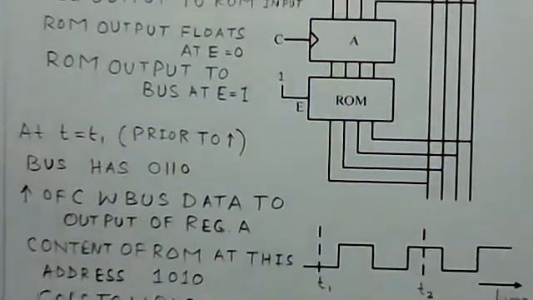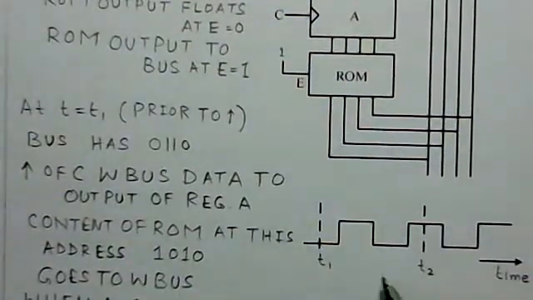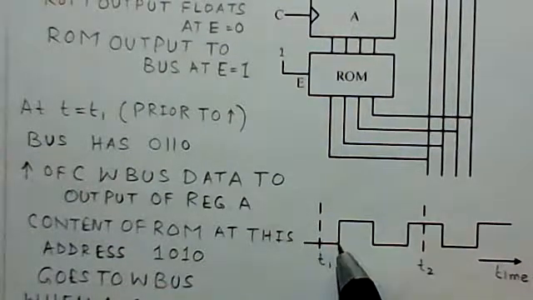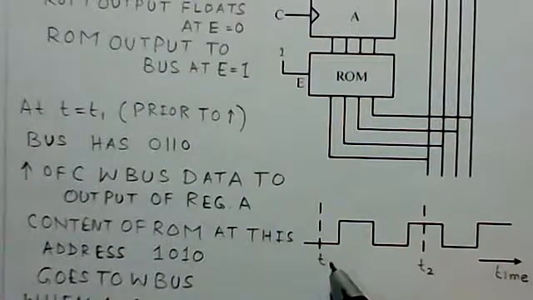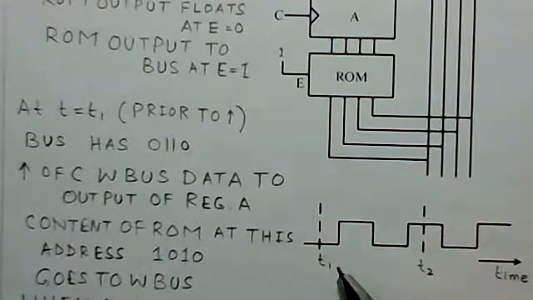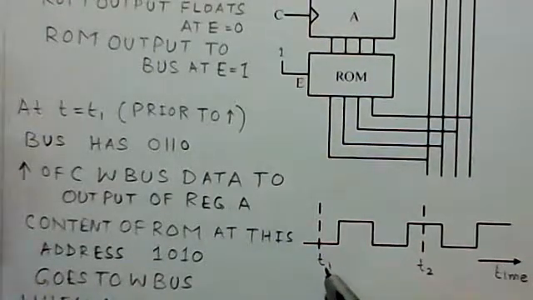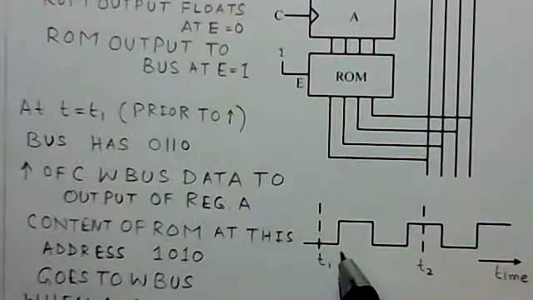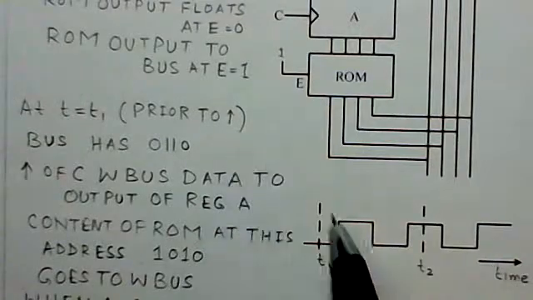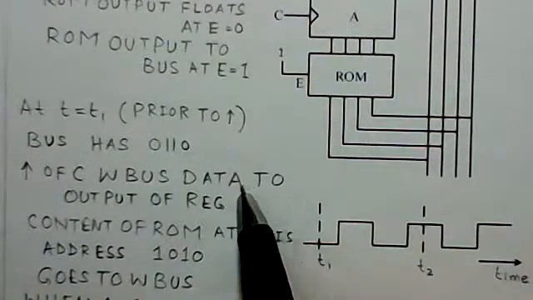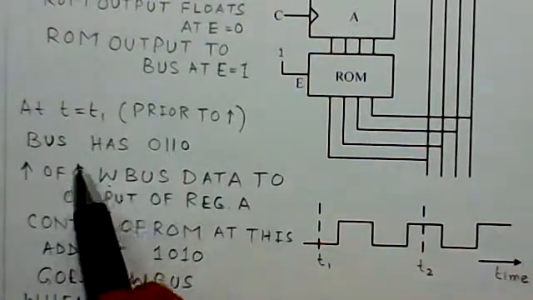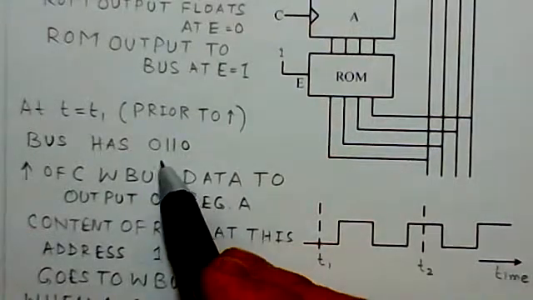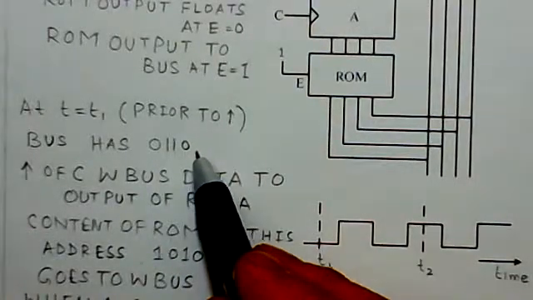What is this location? T is equal to T1. This is prior to the rising edge of the clock, where the bus has the data 0, 1, 1, 0.